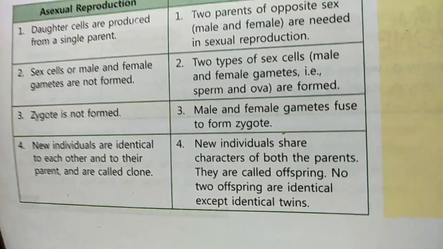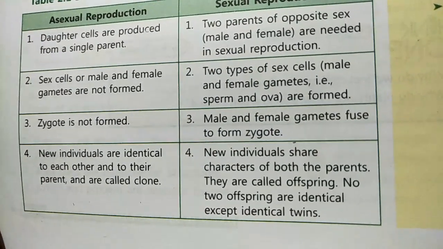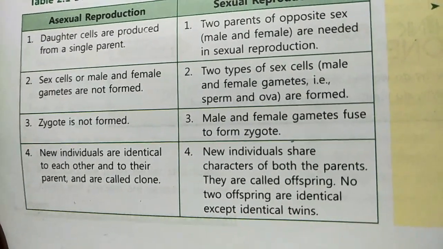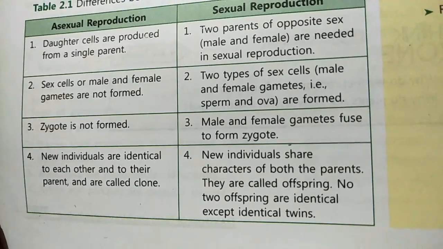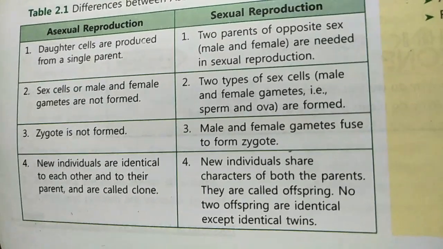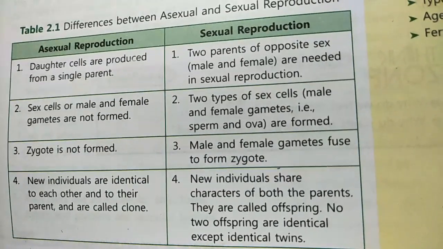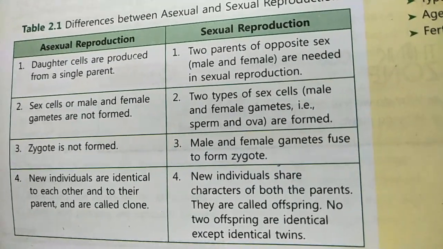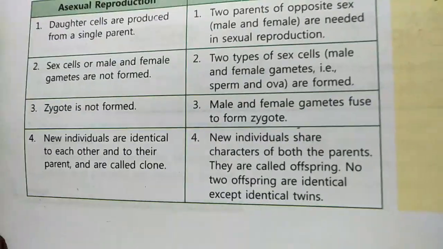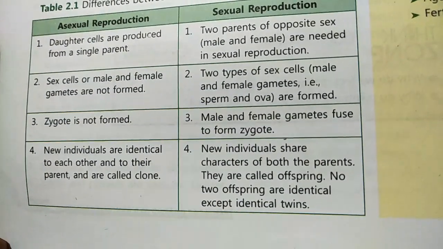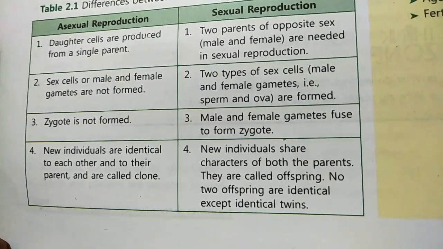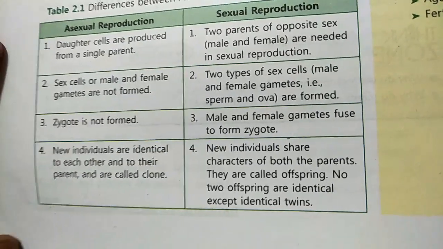Zygote is not formed because there is no fertilization that happens between two gametes of male and female. However, in sexual reproduction, male and female gametes form a zygote after fertilization. The very first cell that is formed after fertilization is known as a zygote.